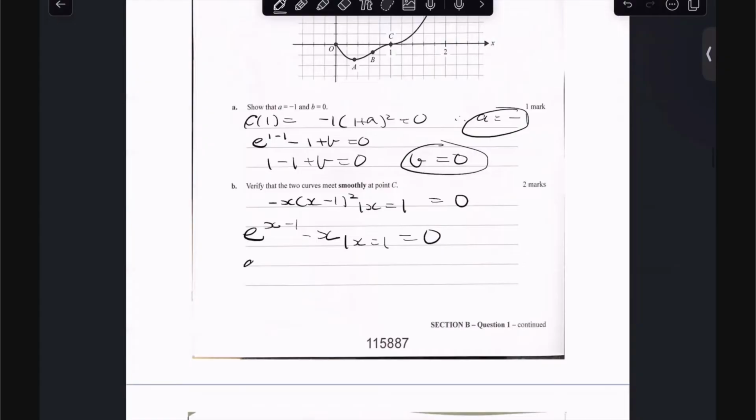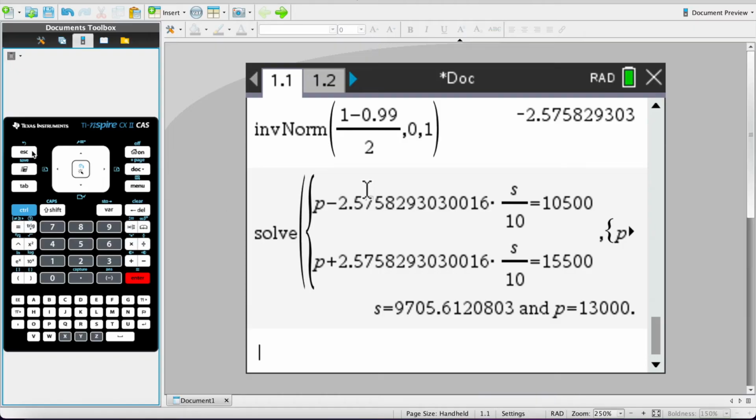So the derivative of negative x times x minus 1 squared at x is equal to 1 is equal to, and we can use the CAS for that.